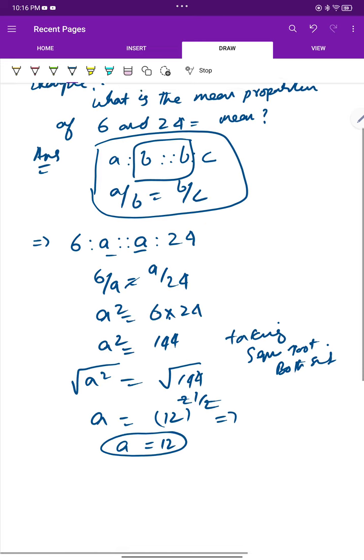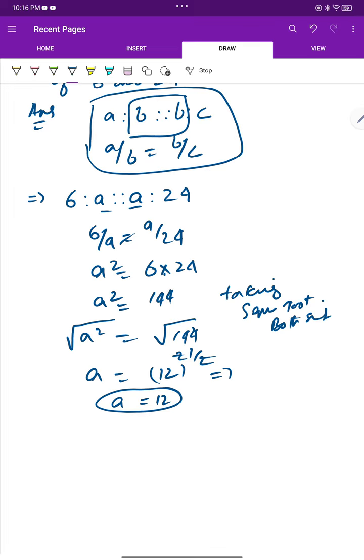So this is the answer. A is equal to 12. So this is the mean. So now you can write down like this: 12 and 24. So this is the answer.